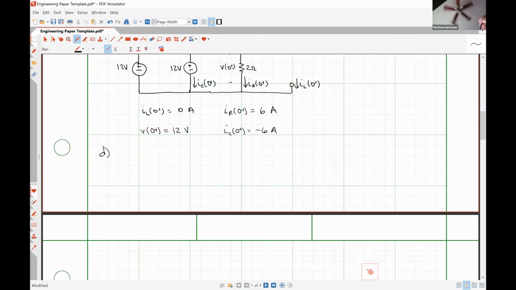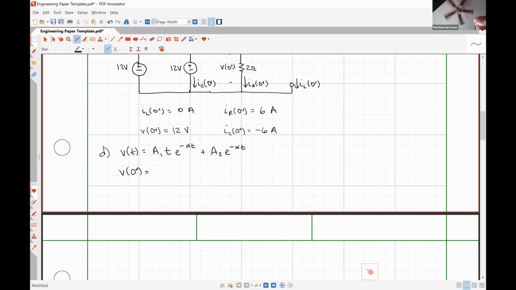Since the circuit is critically damped, we know that V of t will be of the form A1 t e to the minus alpha t plus A2 e to the minus alpha t. V at 0 plus will then reduce to, at t equals 0 plus, this factor of A1 t goes to 0.